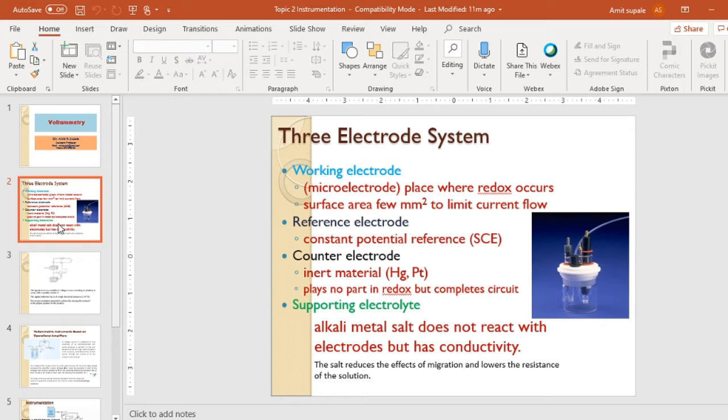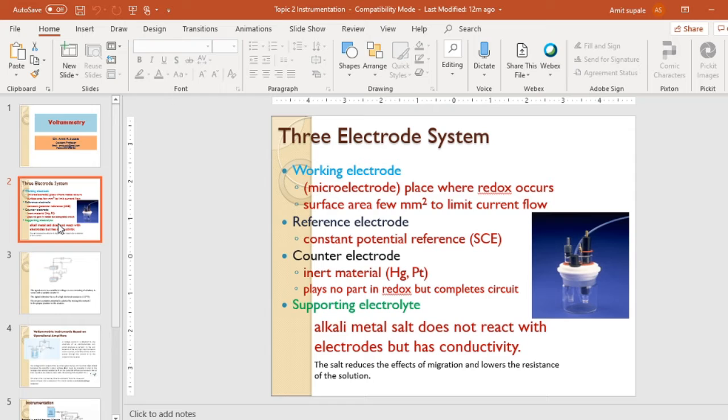Previously 2 electrode systems were in use, but there are some drawbacks, because in a 2 electrode system the reference electrode has to play 2 roles simultaneously. The first role is to maintain the constant potential between the working and reference electrode, and the other is to allow the current to pass through the circuit.